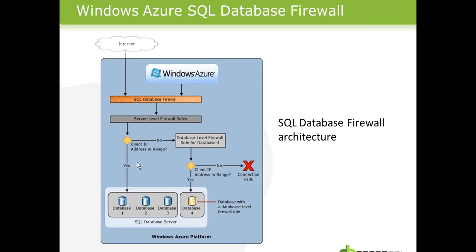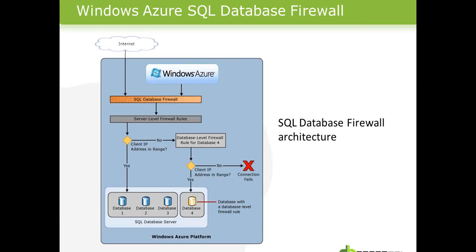And the following diagram is taken from Microsoft, basically explains how the Windows Azure SQL Database firewall works. Basically an application is connecting to Windows Azure. It first meets the SQL database firewall.